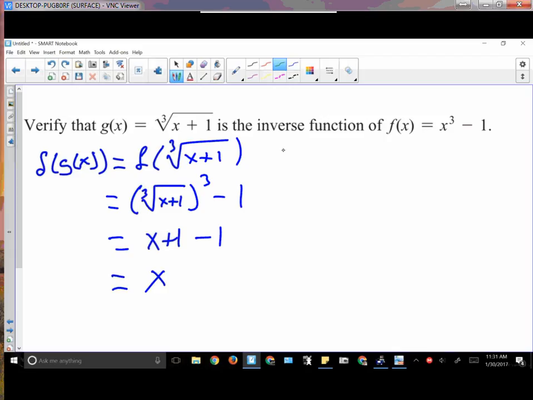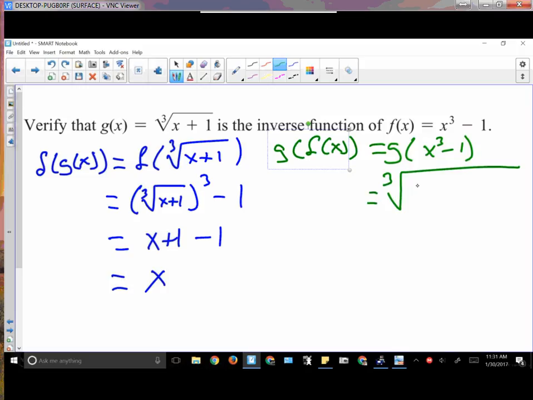Let's try the other way. G of f of x. So that's going to be g of, well, what's f of x? Well, that's going to be x cubed minus 1. Okay. So I got to put that into the g function, so that means that I am going to get the third root of what's x? Well, x is x cubed minus 1 plus 1.